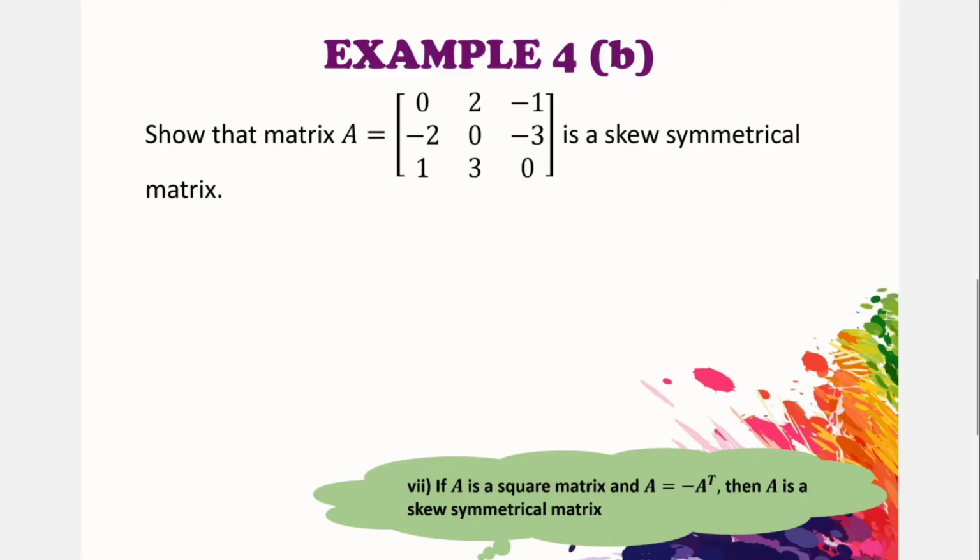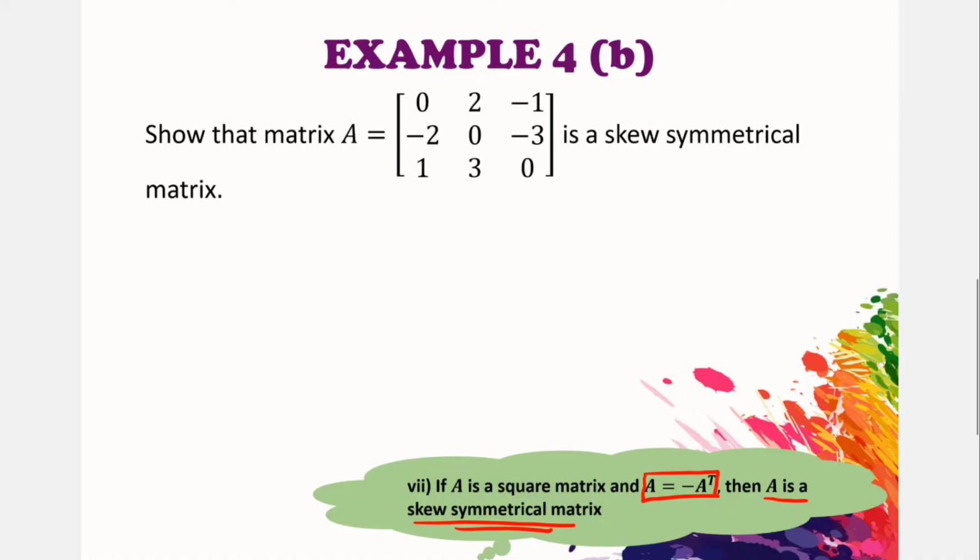So what is a skew symmetrical matrix? In property number 7, if A is a square matrix and A is the negative of A transpose, then A is a skew symmetrical matrix. So we need to show that A is equal to negative A transpose.